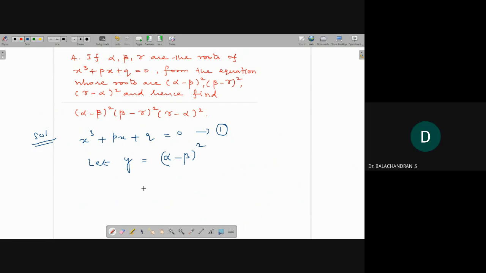Right. But I am going to form the equation whose roots are alpha minus beta whole square, beta minus gamma whole square, gamma minus alpha whole square. So the difference is squared, and I am going to form the equation whose roots are like this.